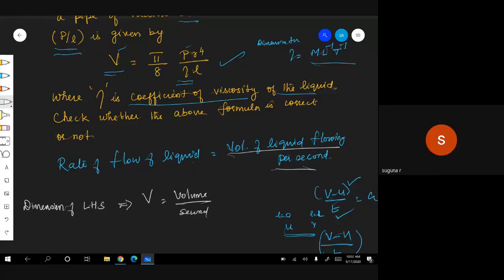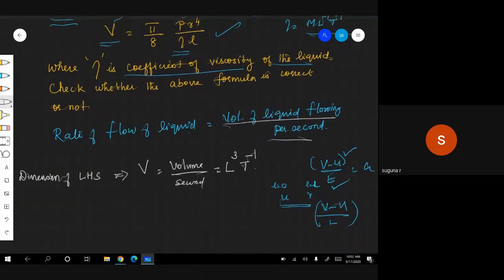Rate of flow means volume flowing per second. Therefore, what is the dimension of volume per second? L cube by T, that is L cube T power minus 1. Got it? Yes, ma'am. Right. So LHS, you know.